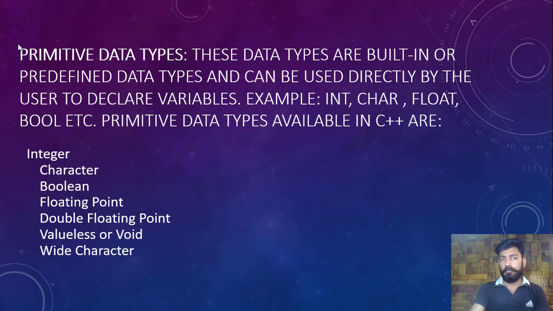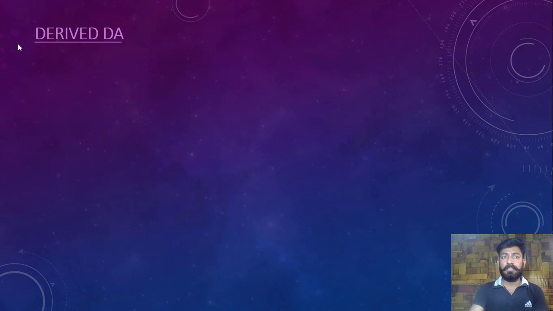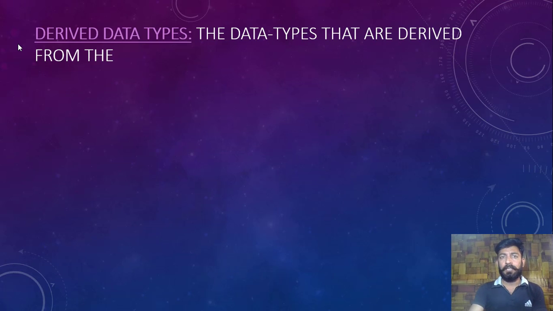So primitive data types are built-in data types, means which are predefined in C++.